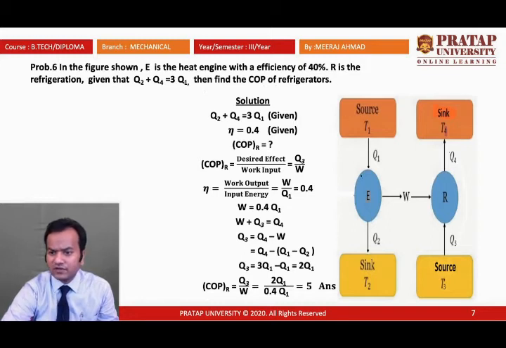First you see the figure, there is a heat engine. The heat engine takes the source heat input Q1, the heat rejected is Q2, and the power output is W, and this power output is used to run the refrigerator. You can say that the work input to the refrigerator is W, the same as the power output of the heat engine.